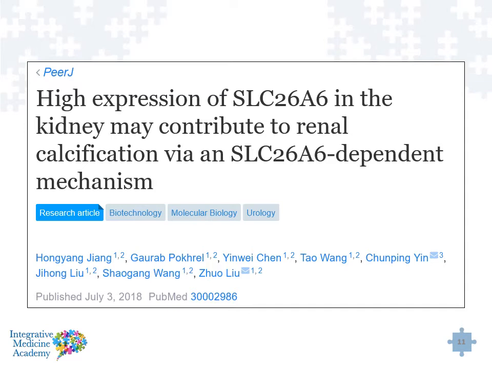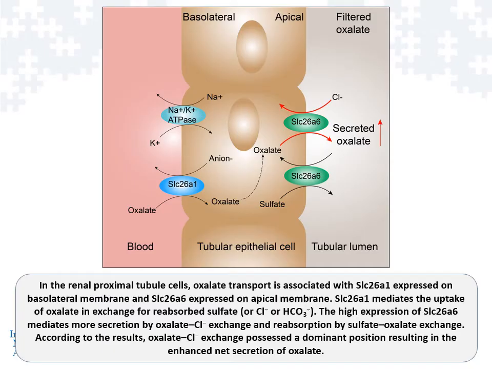It turns out there's a regulatory mechanism in our kidney that is geared around oxalate and sulfate transport. So this particular system, this SLC26A1, acts as an oxalate transporter and a sulfate transporter.